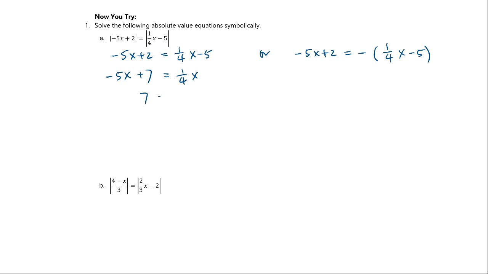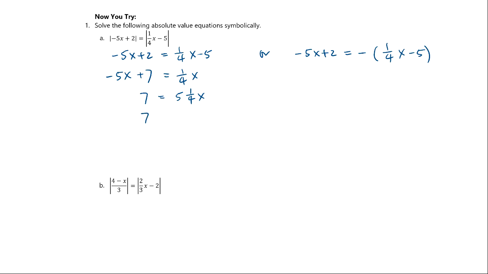And therefore, we would get 7 is equal to 5¼ x, and go from here just to make the process a little bit smoother. If I have 5¼, it's not particularly helpful to find the reciprocal from here.